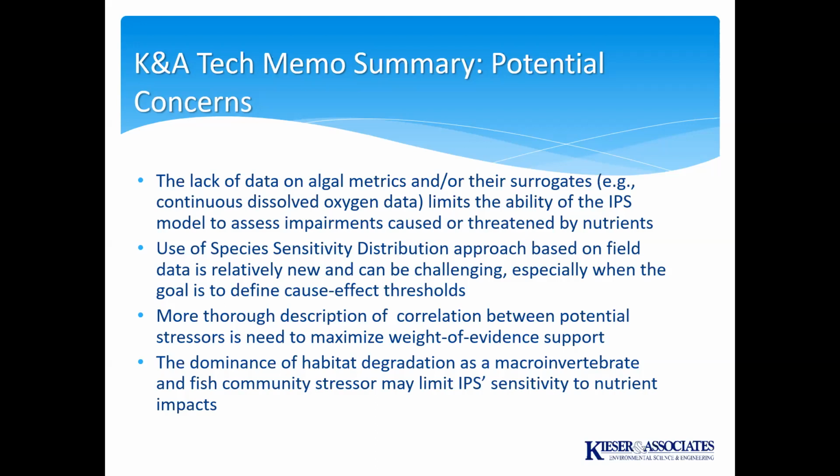QHEI is a big hitter over a lot of the data set, and so there may be some nutrient impacts going on within that that are hard to pull out. This is something that I think can be looked at in a little bit more detail. Next slide, please.